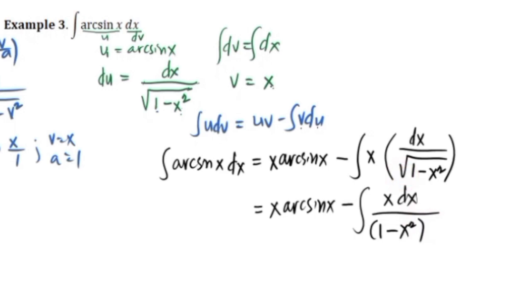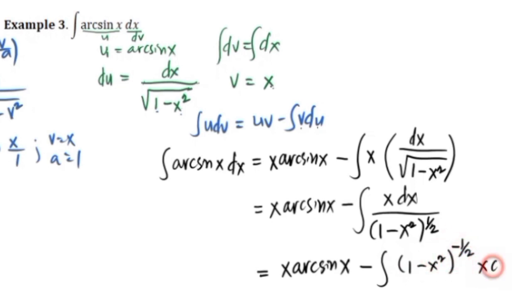Si square root is expressed natin in exponential, so that's raised to 1/2. So gagawin natin ay itataas natin yung denominator natin, so that would change your exponent into negative. So we have 1 minus x squared raised to negative 1/2 x dx.